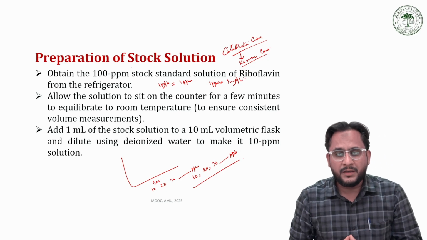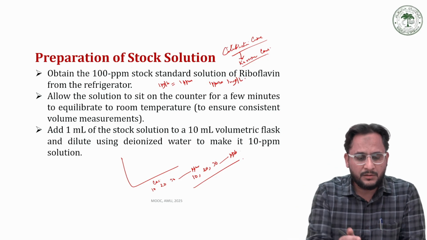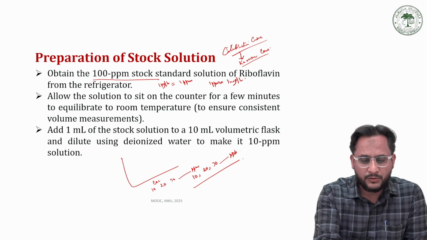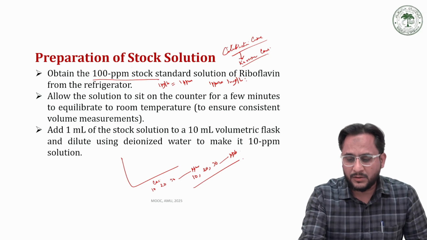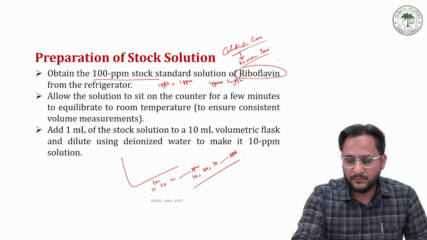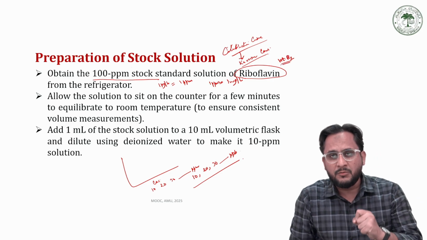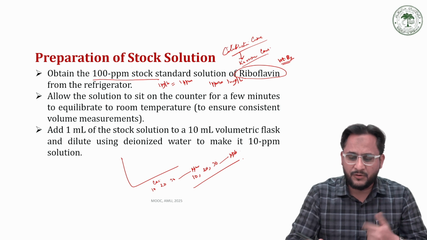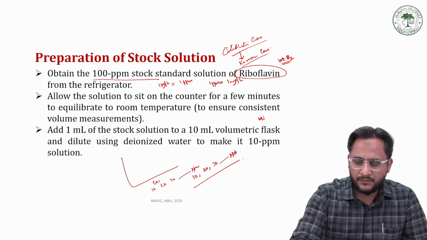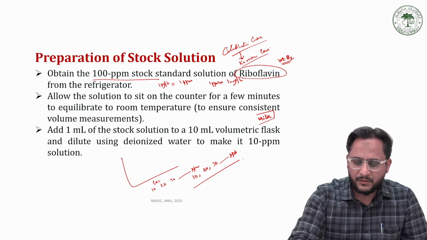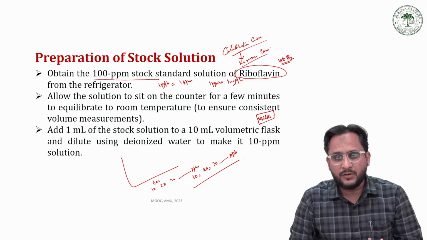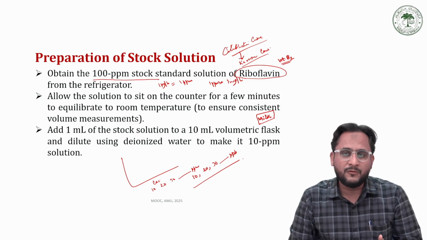So for making these standard solutions, we take a stock solution. For example, in this particular case, I am focusing on riboflavin, which is vitamin B2. For analyzing riboflavin in a given sample, for example milk, which contains a significant amount of riboflavin, used for energy production and skin health, and very useful for the body.